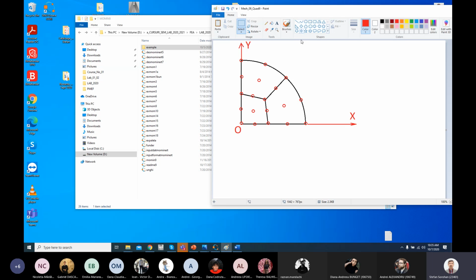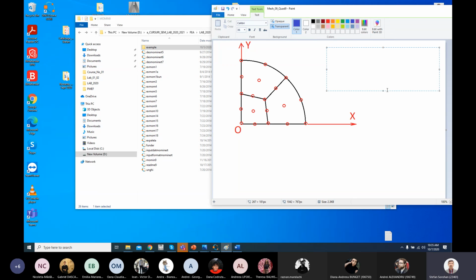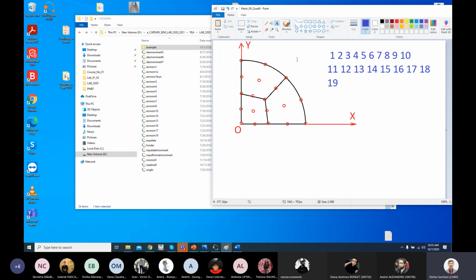And you must add numbers for nodes. So I will put more nodes here. Okay, let's suppose that there are enough.